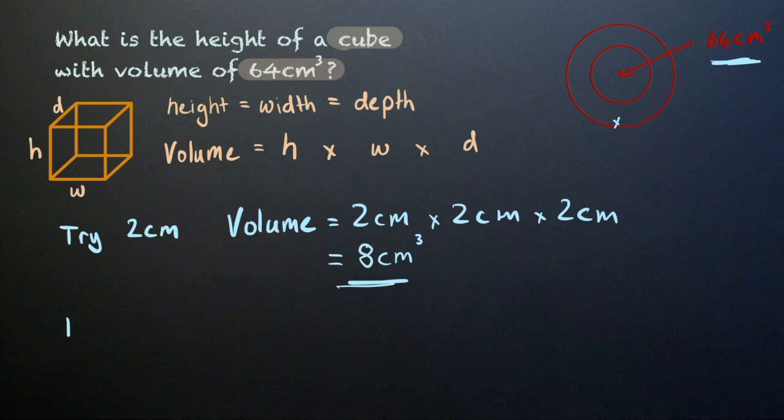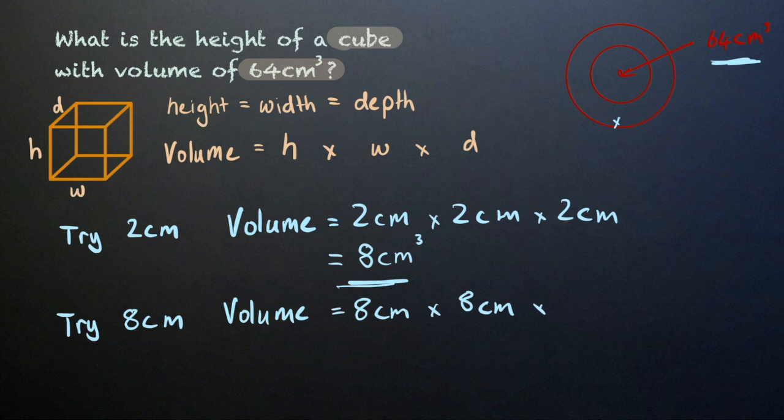Let's try 8 centimeters. That would give us a volume of 8 centimeters times 8 centimeters times 8 centimeters. All right, so we know 8 times 8 is 64. 64 times 8, that's a little bit more difficult, isn't it? So we could work it out like this. 64 times by 8.